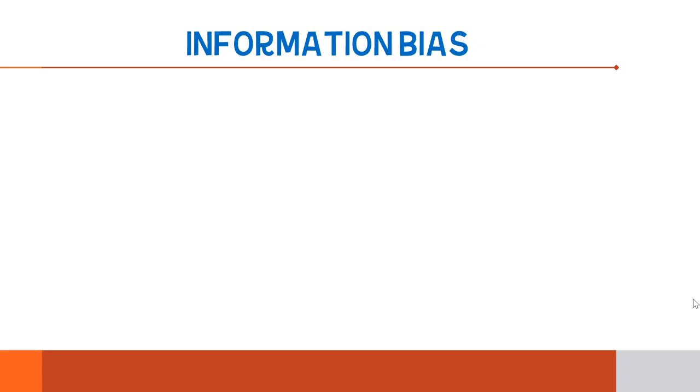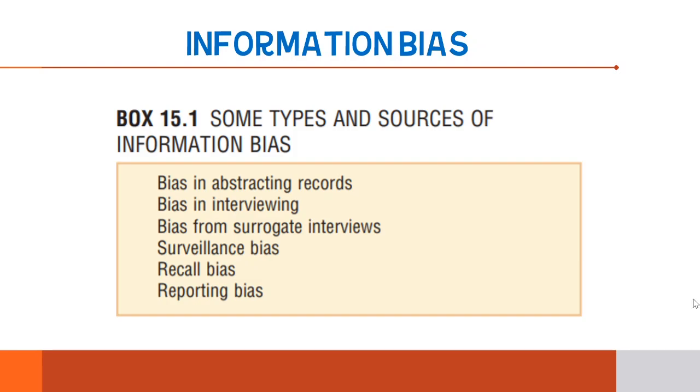Now, in terms of the information bias, there are actually several types and sources. And actually, under diri, as you can see, pwede ma-under ang inyong recall bias diri. Since, diba, in terms of recall bias, it's a matter still of giving information. So, it could be bias in abstracting records. It could be bias in interviewing. It could be bias from surrogate interviews.